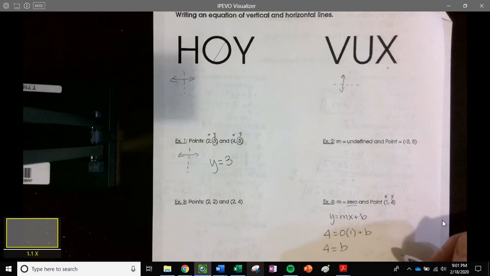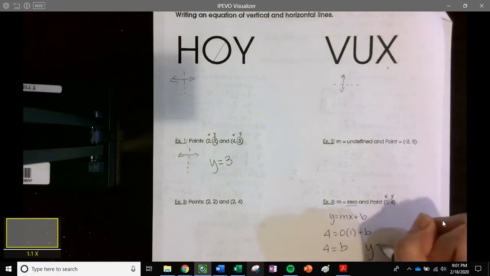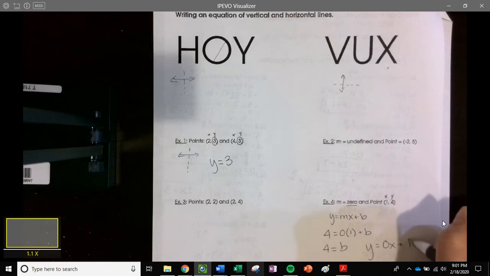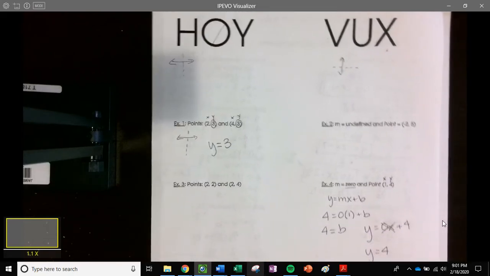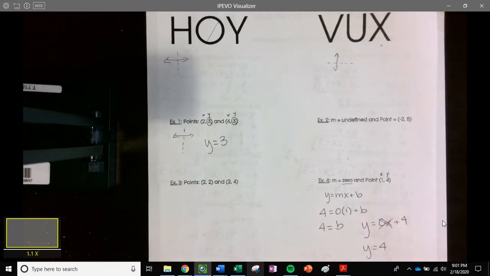So I would write that. Y stays. I put in 0 for slope. X stays. Plus 4. Now I can eliminate this term because 0 times x will be 0. Y equals 4. That's technically the way to write them.